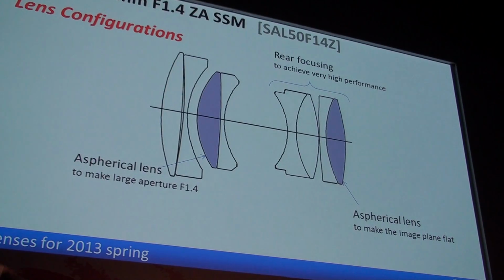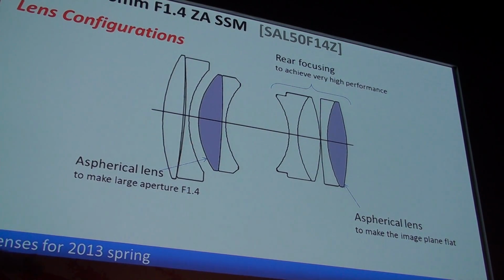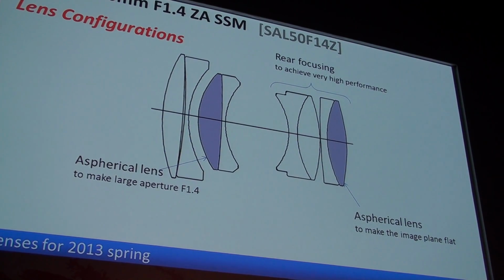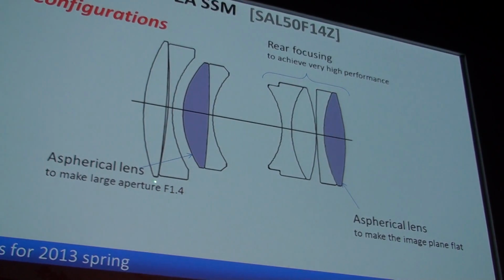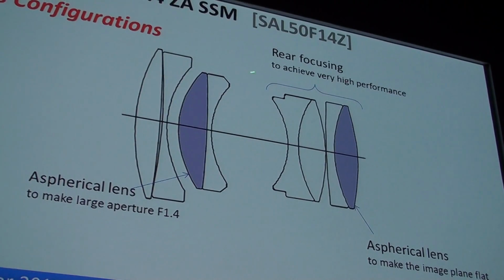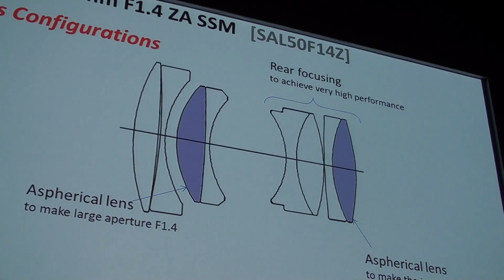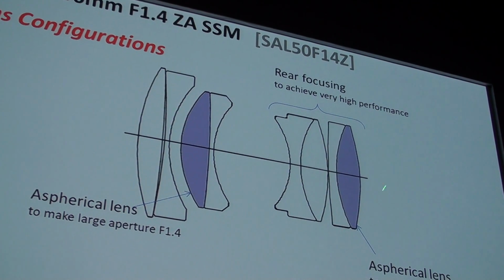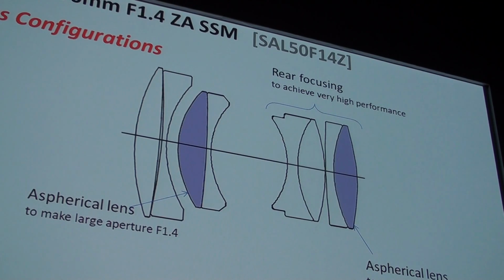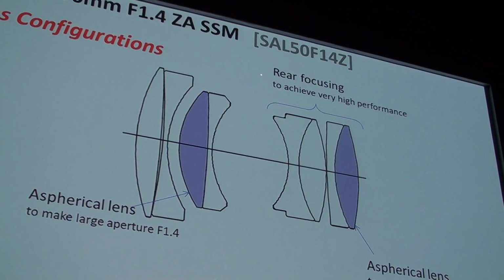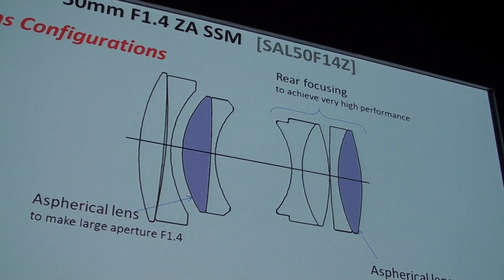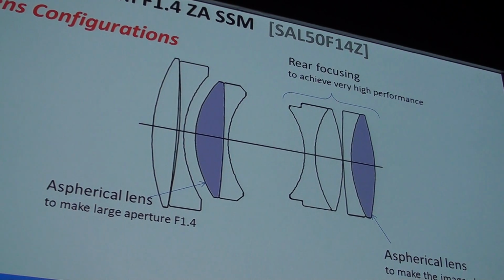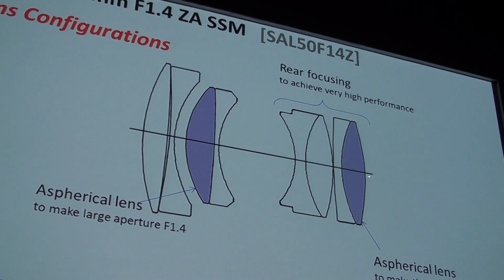I'd like to show you the final design. There are 5 groups and 8 lenses, with the front side and the rear side. And this lens is used in the rear focusing. And there are 2 aspherical lenses.